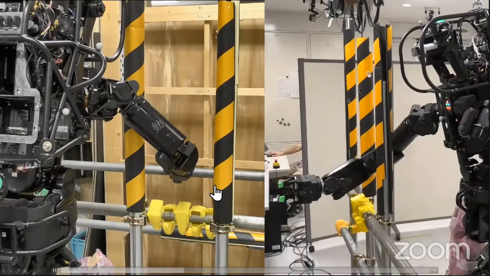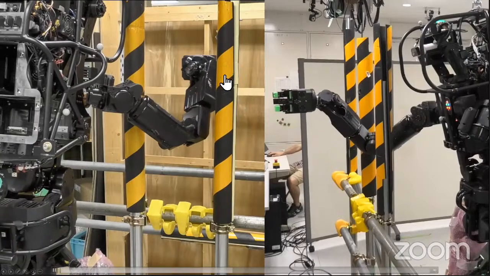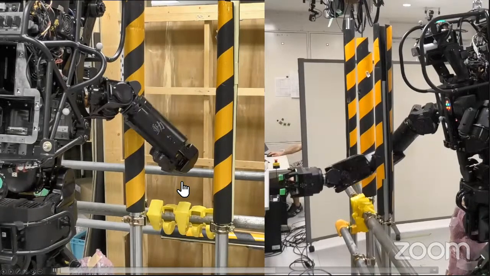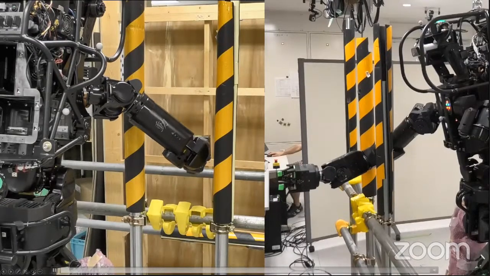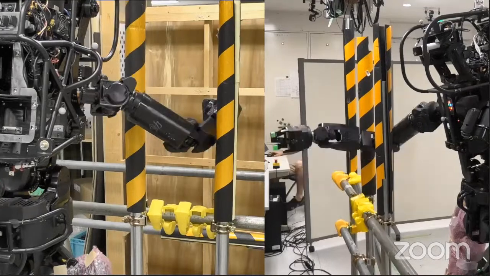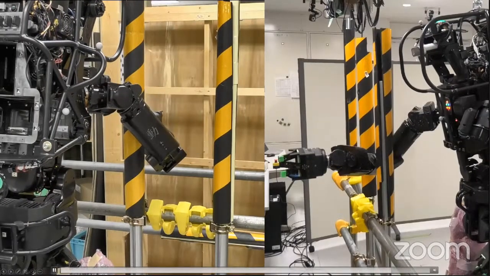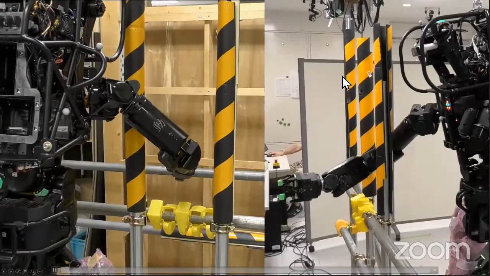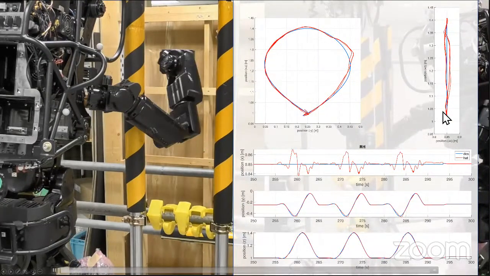It's not perfect, of course, because during the disturbance, the task error increases. But thanks to our control, we know that this task error will go back to zero quickly. So I can show you also the trajectories here. This is the reference trajectory that is required from the robot in the space.